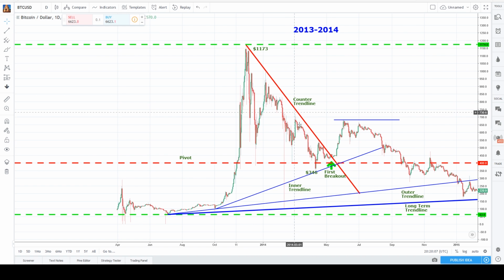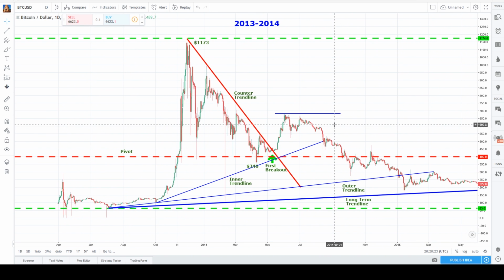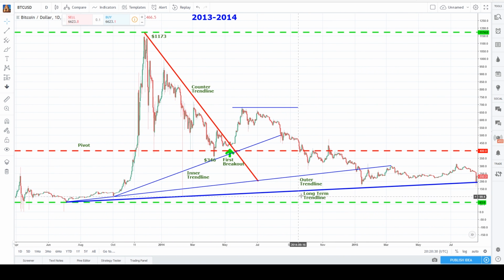We broke out of this trend and we went bullish, and it was an optimistic market until we hit a resistance at about 680 or 679, and then we never again saw this nice price, and we went all the way down. We broke the inner trend line, we went to the outer trend line, and then we even hit the long-term trend line. But then what happened?